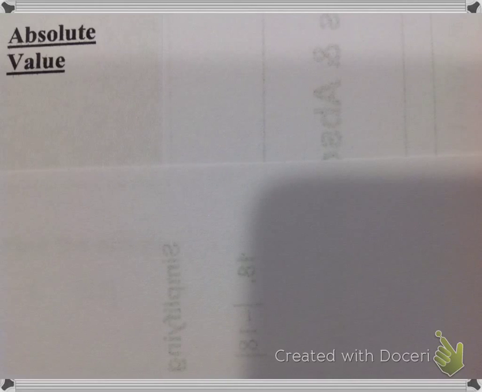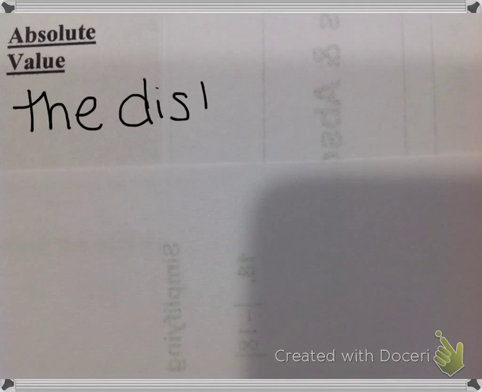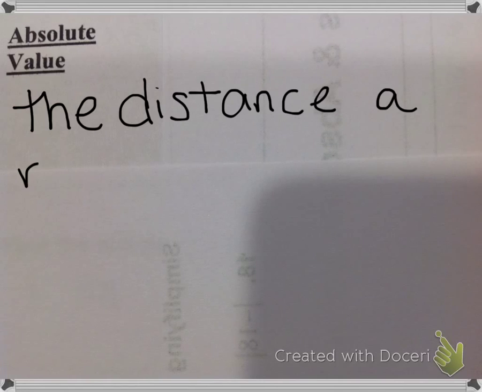The next definition is absolute value. Absolute value is the distance a number is from 0. So write that down for your definition. The distance a number is from 0. Everything I write, you can write exactly the same way.